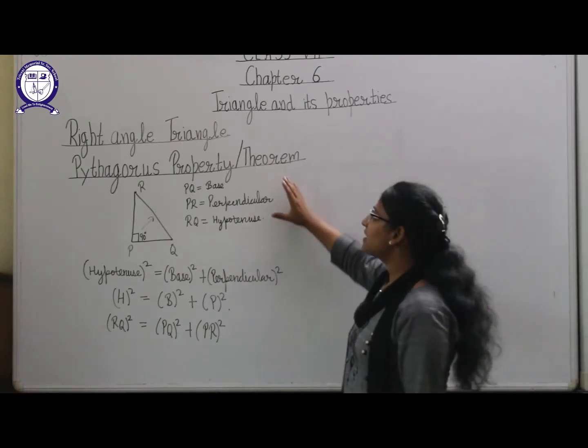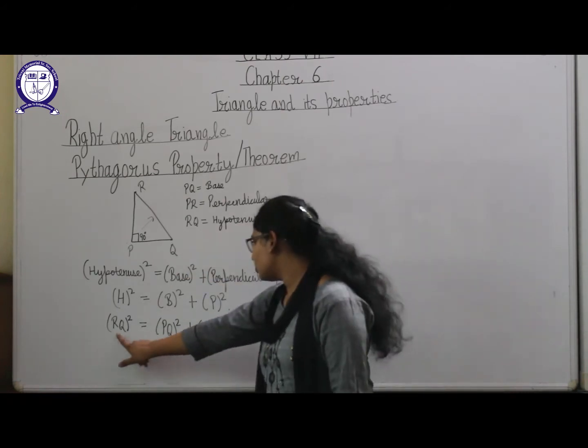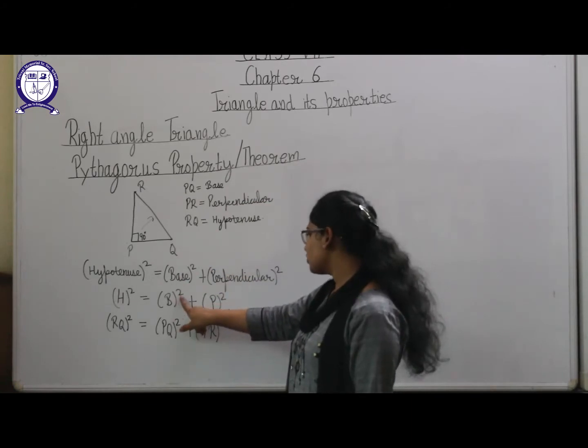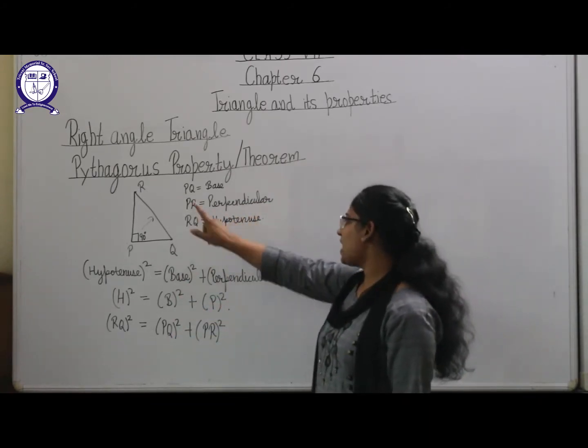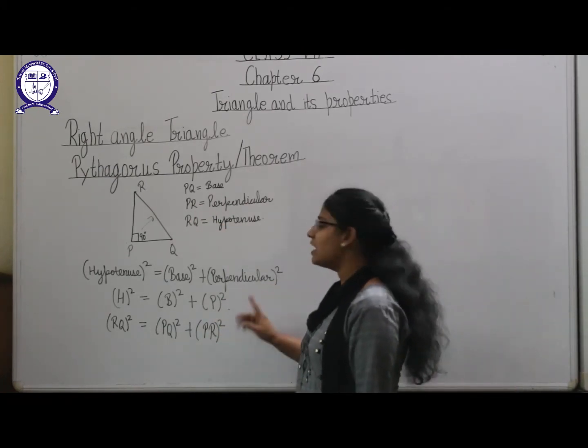Okay, and if we write according to this question here, hypotenuse is RQ, so h square will be RQ square. Base is PQ, so base square will be PQ square, and perpendicular means PR, so in place of p square, here will be PR square.